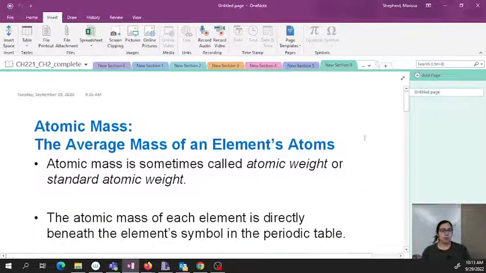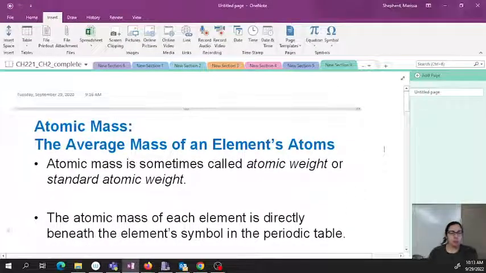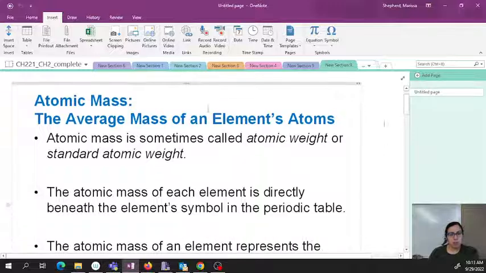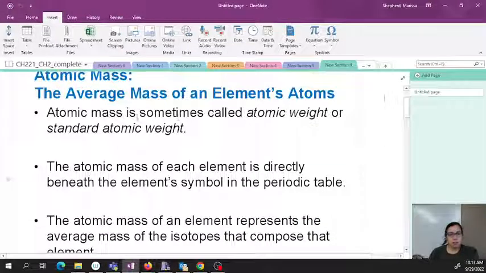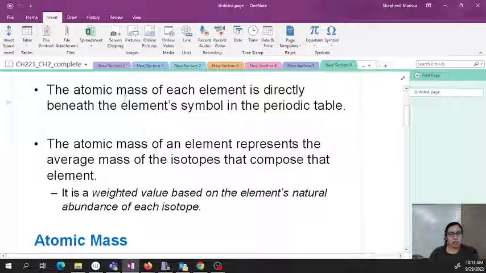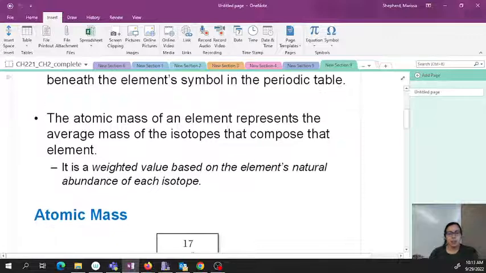So finishing up the chapter, so kind of going back to isotopes, the atomic mass is called our atomic weight or standard atomic weight. And so again, that atomic mass, that's the one directly beneath the element symbol on the periodic table. And this atomic mass represents, again, the average mass of the isotopes.